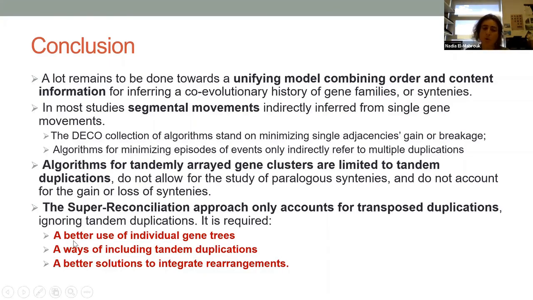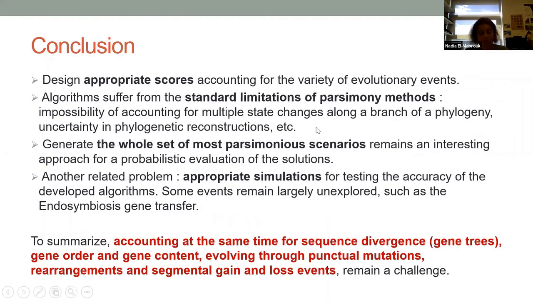We also have to find a way to include tandem duplications, and a better way to integrate rearrangements. Also, in this talk, of course, I restricted the discussion to minimizing operations. But attributing appropriate scores to the various events is an important issue. And the more events we consider, the more challenging is the problem of assigning appropriate scores.